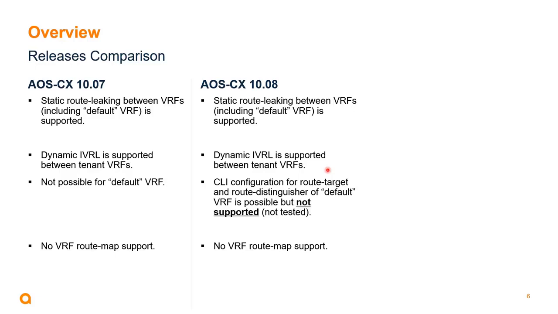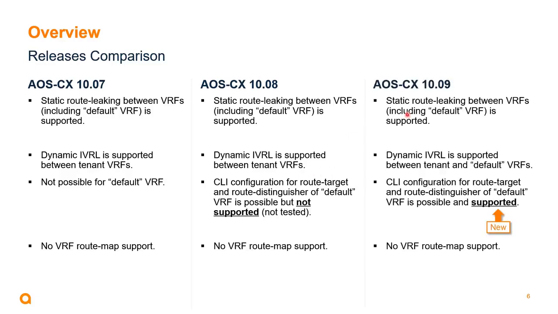However, due to some internal reason for testing, it was not supported. So we deferred that support to 10.09. So the release 10.09 is exactly what has been put in 10.08, but with full qualification and support of the feature. As before, there is no VRF route map yet supported on a VRF.